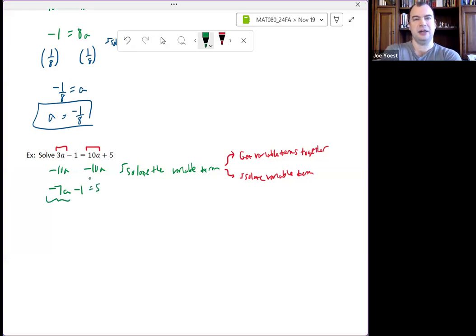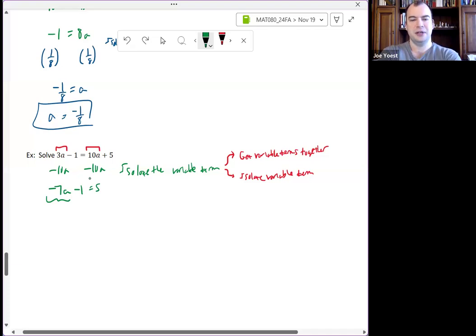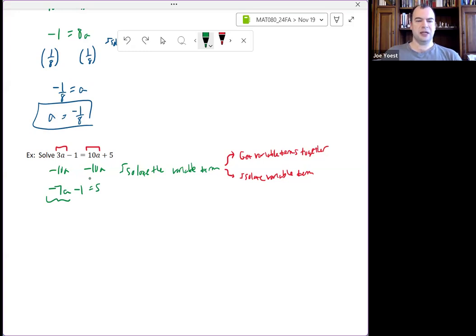It's kind of annoying to have a negative coefficient, right? It's easy for me to mistakenly leave off this negative at the very beginning, just forget about it when I'm copying things down. When I divide by it, I have to divide by a negative number. Again, that's not the end of the world. I can do it, but why have a negative coefficient when I can avoid it?